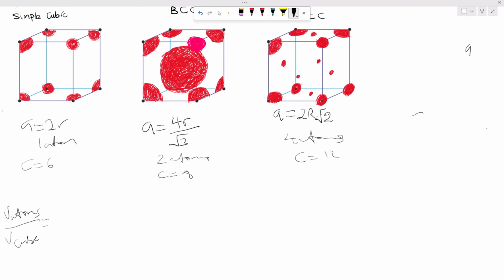So we go by saying number of atoms 1 times the volume of atom, which is 4 over 3 pi r cube, over our a cube.